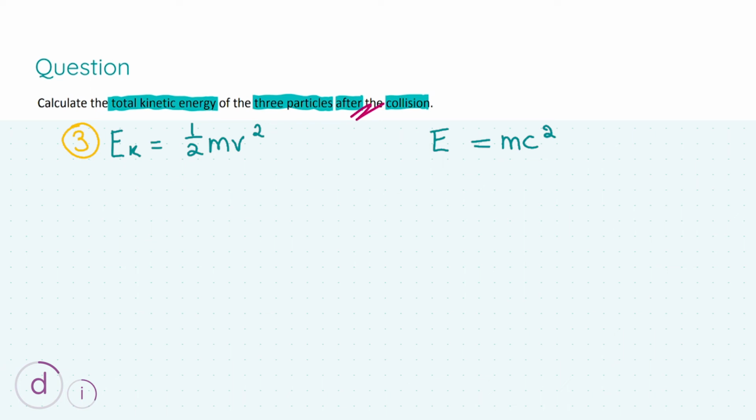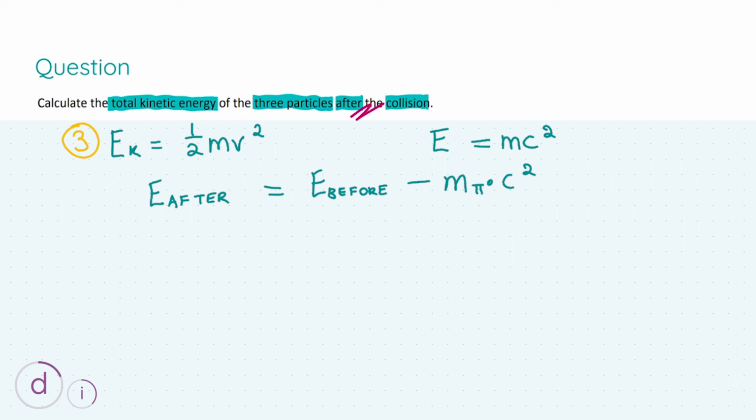Now we have that the kinetic energy after the collision is equal to the kinetic energy before the collision less the energy change in order to create that new particle. Okay? So that's the kinetic energy of the particles after the collision, because the protons will be at a lower speed than before, because some of that energy is transferred into making the mass of the pion.